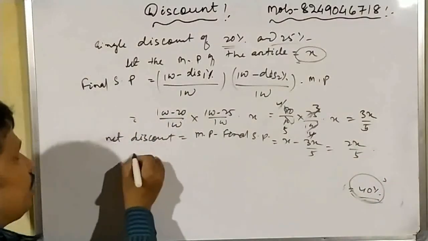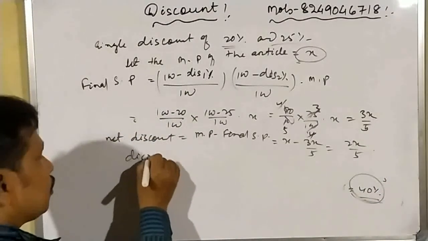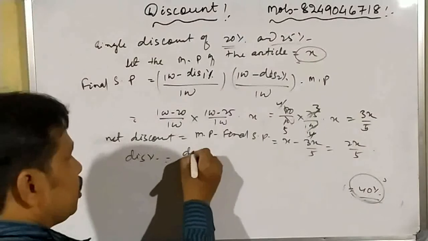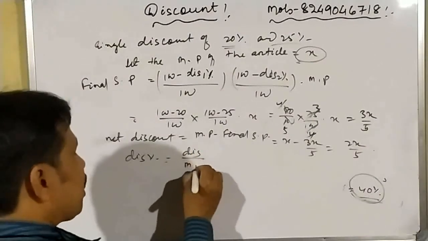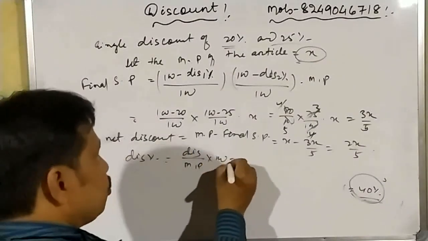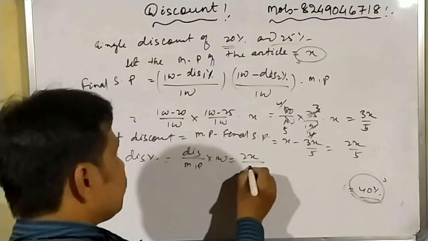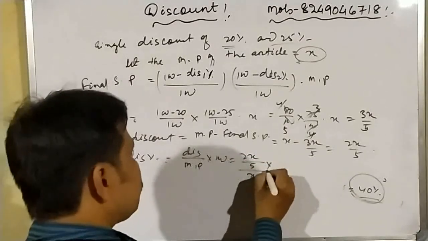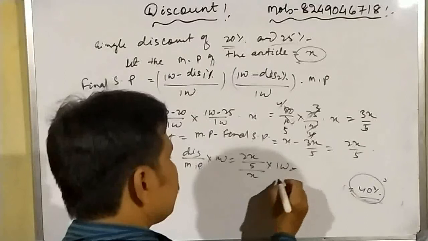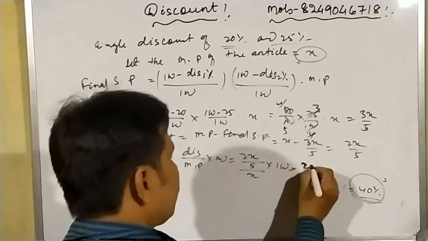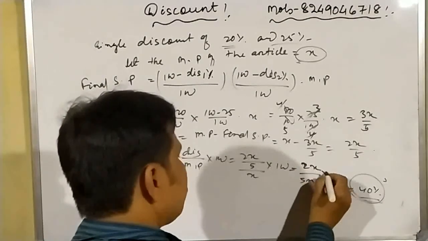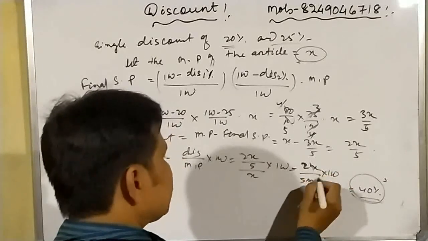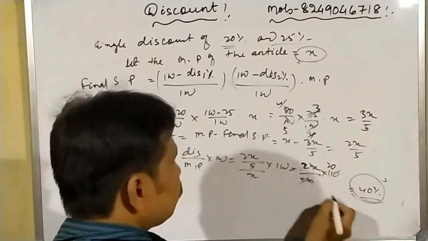Okay student, and when you convert it, discount percentage is discount by mark price into 100, which is 2x by 5 all divided by x into 100. The result is 2x by 5x into 100. So x is cancelled, 5 into 20, 20 into 2, is 40%.